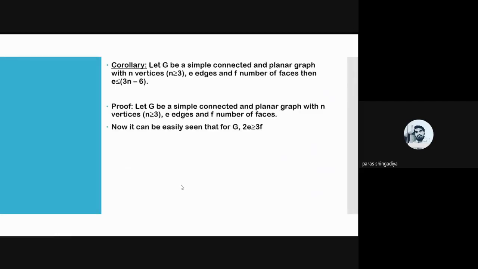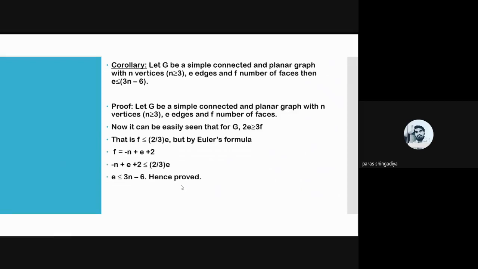Then after that we discussed one corollary, how we can prove this corollary and what its importance is. If we are creating any graph with any number of edges, and we have to check that it should be a simple graph, how many edges are required to create a simple planar graph? By using this inequality, we can identify the answer.